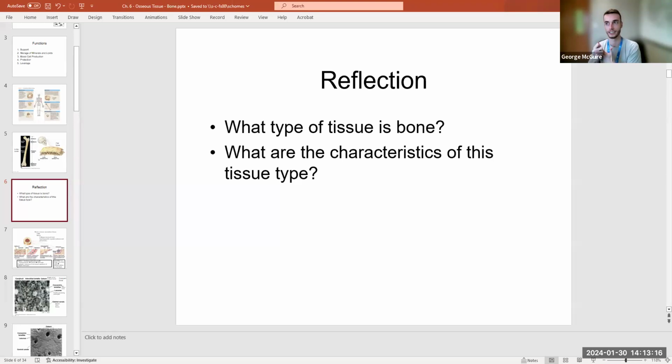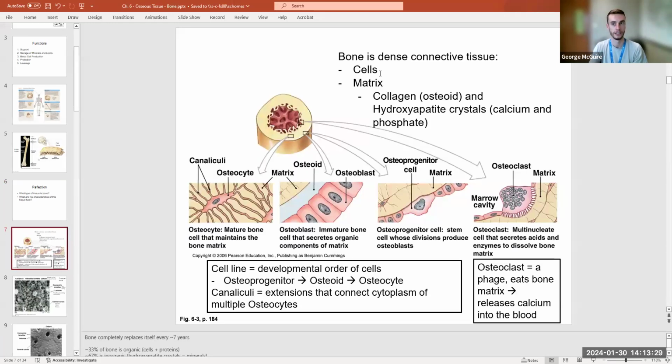We'll be looking at the composition of the fibers, which in this case is going to be mainly collagen. And then the rest of the matrix is going to be composed of hydroxyapatite crystals. So we have various types of cells, and then that matrix again is collagen and hydroxyapatite crystals.